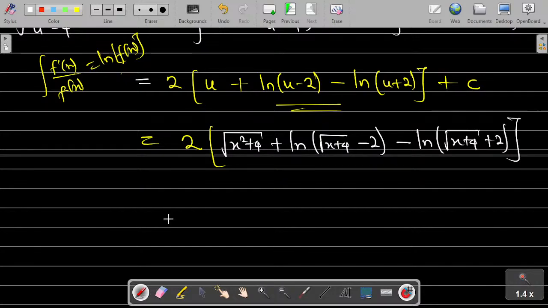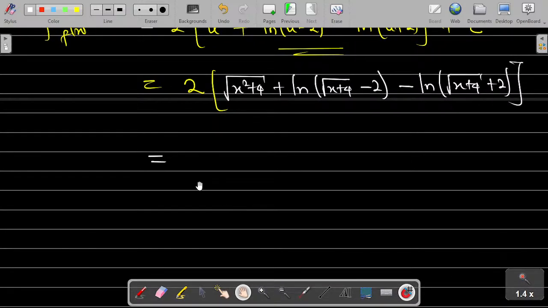Okay, and like I said in that earlier example, that's problem 4, you can actually decide to write this in other ways. If I open the bracket, first of all, this can be written as the square root of x squared plus 4. Then if you join the logarithm, you know that subtraction will change to division.